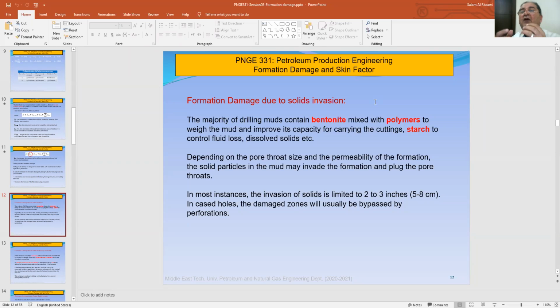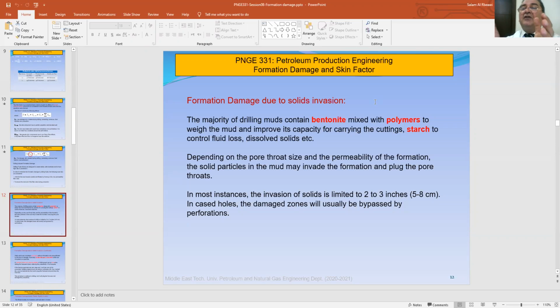Now, some of the very fine grains could move inside the porous media, and the fine particles could precipitate in the pore throat, where the pore throat size is really very small.